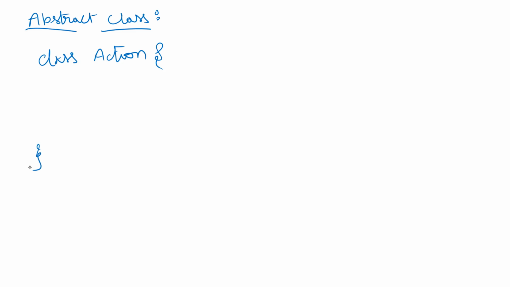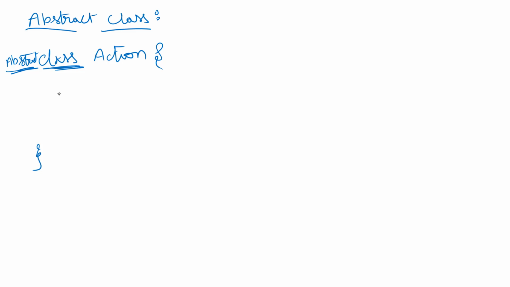Abstract class in Java. Suppose we have a class, let's say class Action, and if we declare this class with the keyword abstract, then the class is known as an abstract class.